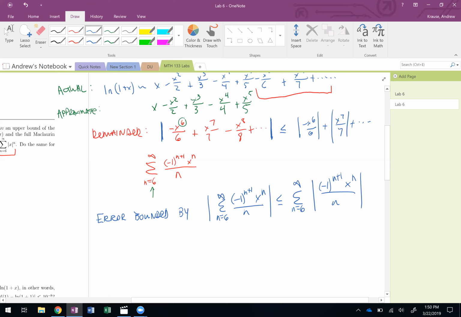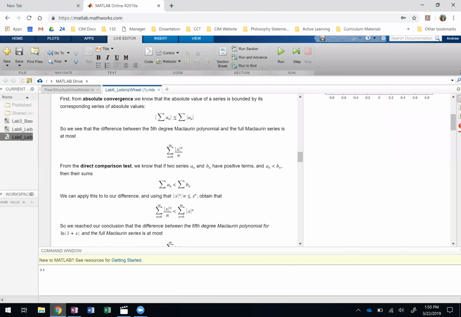So the absolute value of the entire series is smaller than the series of the absolute values. So that's what this jump is, and that's what's going on right here in this line.